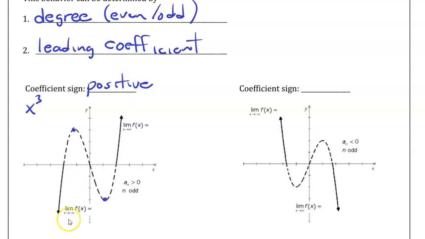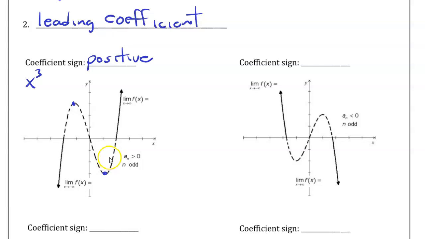If you just graph x to the third and had a bunch of other stuff after it, it's going to have this general shape where the left side, as x goes to negative infinity, goes down, and the right side goes up to positive infinity. Whereas on the right-hand side, this is just the reflection over the x-axis. This is a negative coefficient.